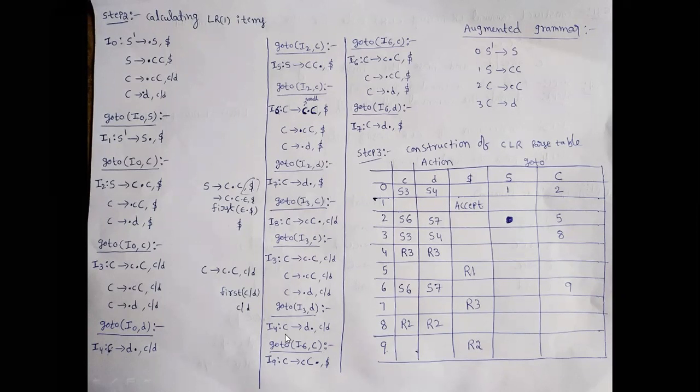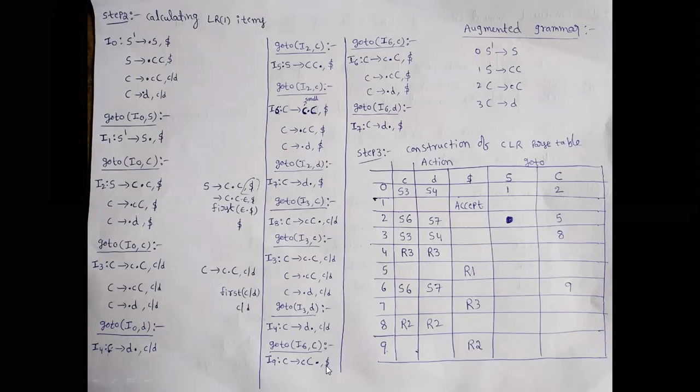Then go to of I6 comma capital C. Then C is production with small c, capital C dot. So the dot is moving one position to the right. Okay. So C is production with small c, capital C dot comma dollar.